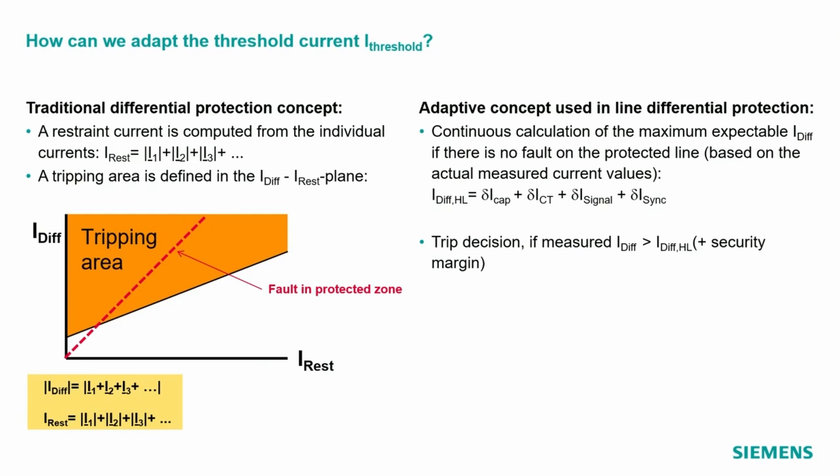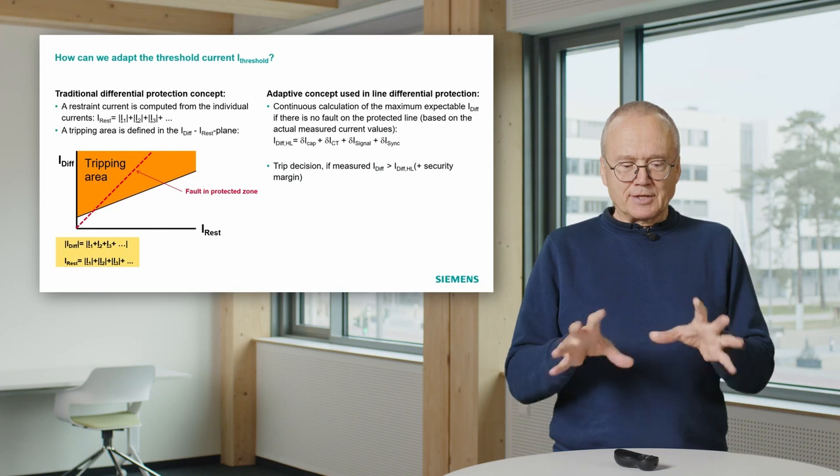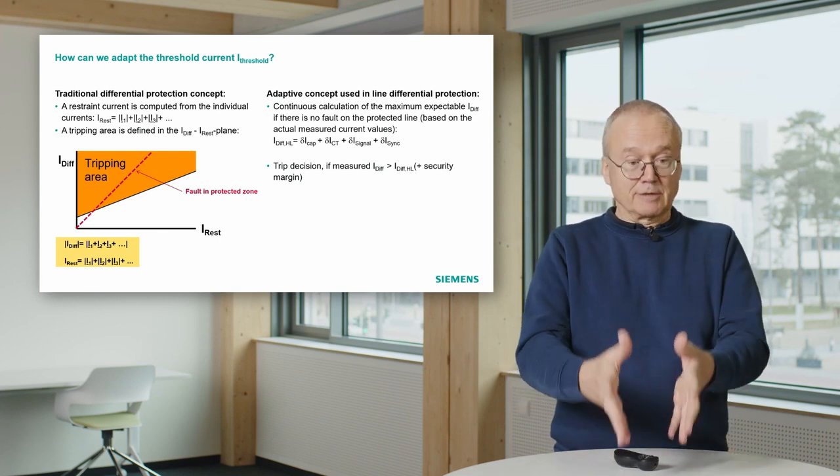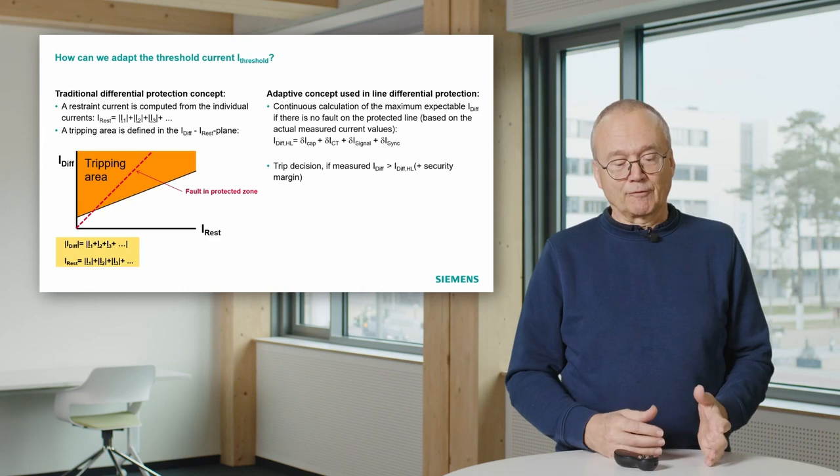The question is, what can be the maximum differential current in a certain operating state for a healthy line? That means in this concept, the protection relay permanently measures all the currents and then estimates in which operating state we actually are. It can be a load state, it can be an internal fault, it can be an external fault.